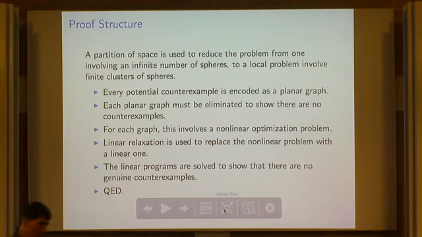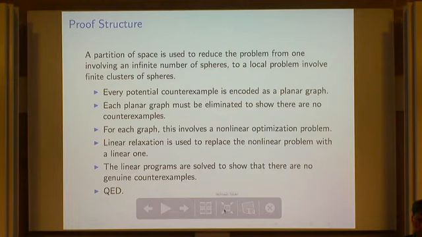And then it's a case-by-case argument that rules out each potential counterexample one by one by going through the list of graphs. For each graph, you have a nonlinear optimization problem where you need to bound the maximum of some nonlinear function. That's hard to do in general, but we take linear relaxations of those nonlinear problems, and there are efficient ways to do linear programming.